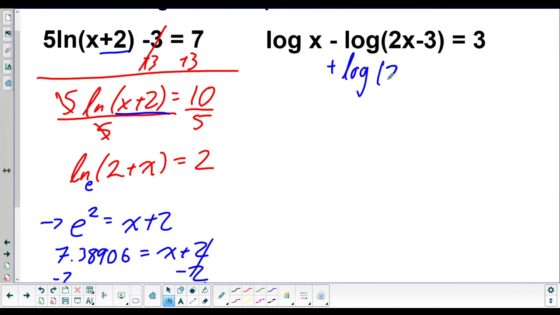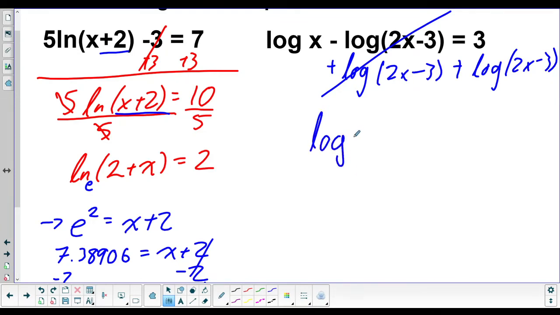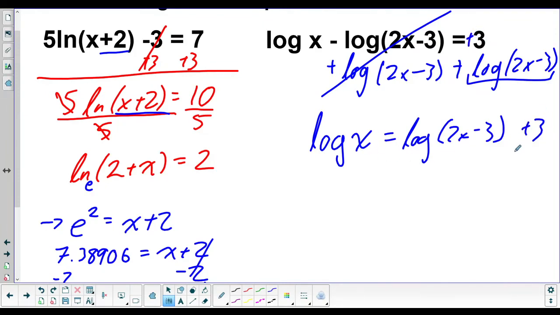Log of 2x minus 3. And we're going to add that to both sides. These cancel. You have the log of x equals this log of 2x minus 3. But then you have this plus 3 over here. So the log is not isolated, right? It's got this plus 3. And if I move this over so that I have a minus 3 here, that's not going to work either. So this is bad. You don't want to do that.